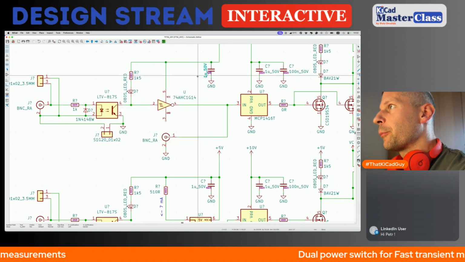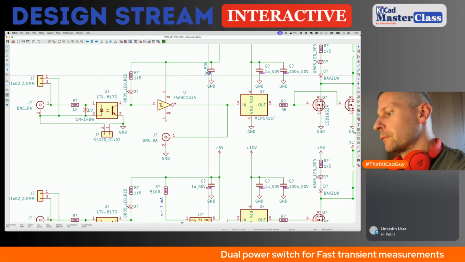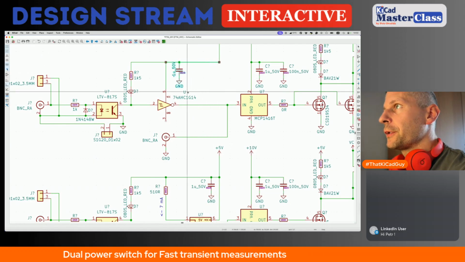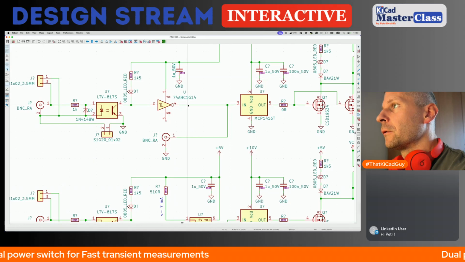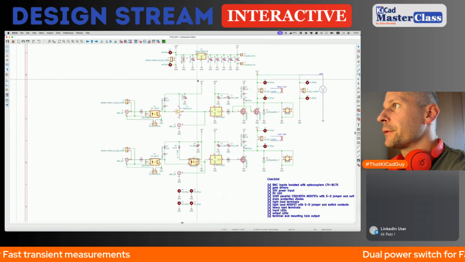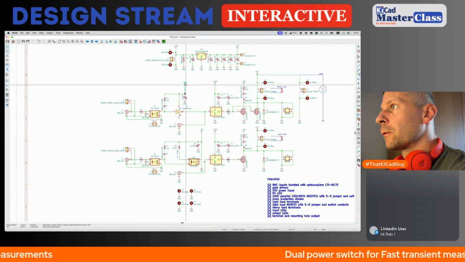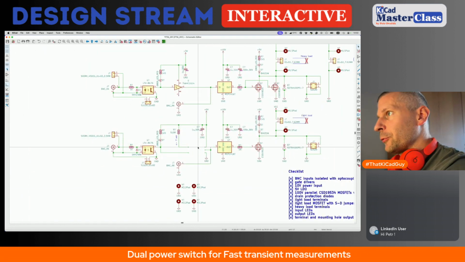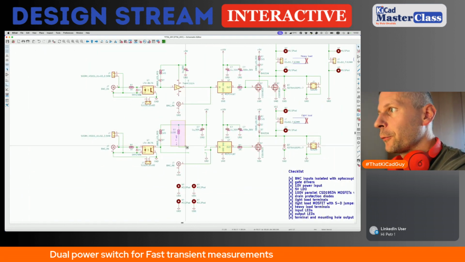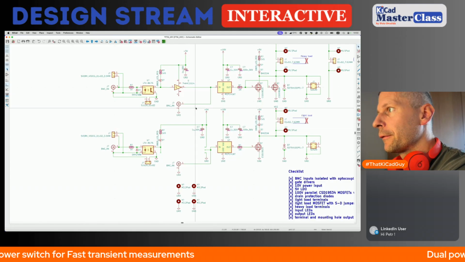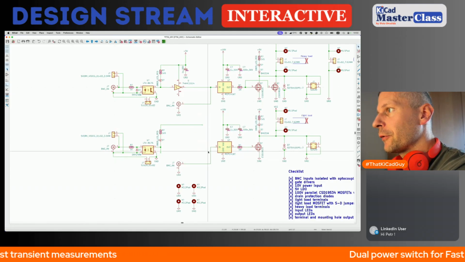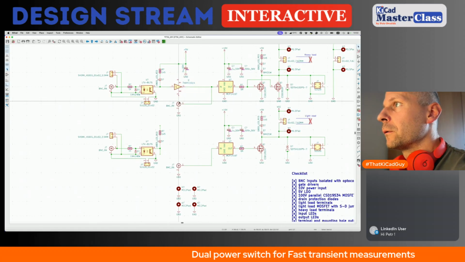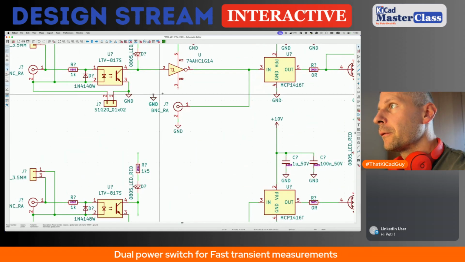This is the coupling capacitor for the IC. Yes, something like this. And I will do the same here. So you know what? I will copy the entire block when it's complete.